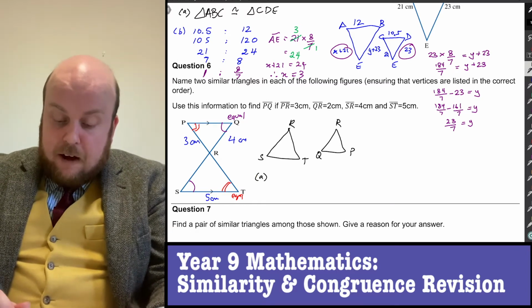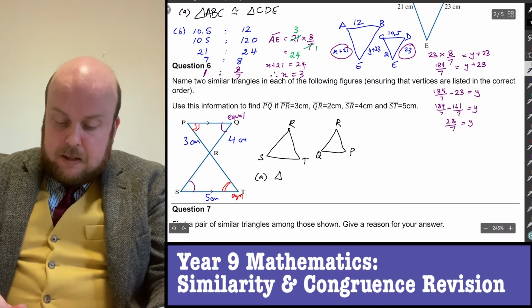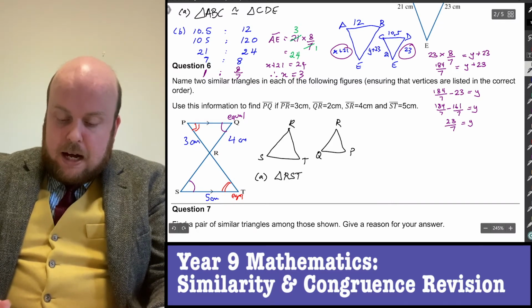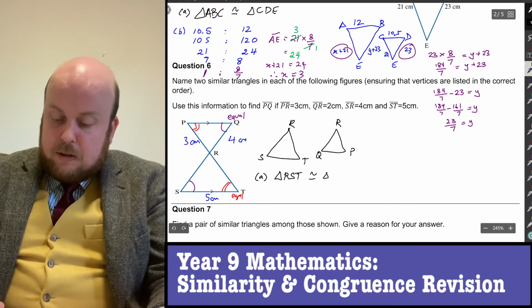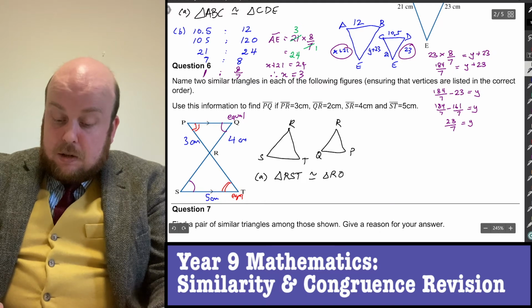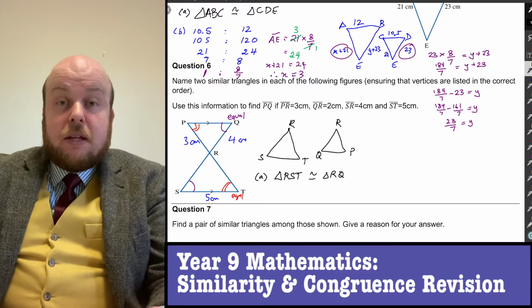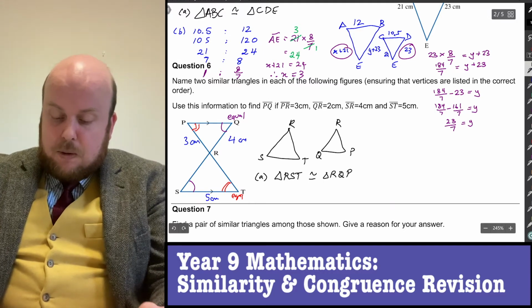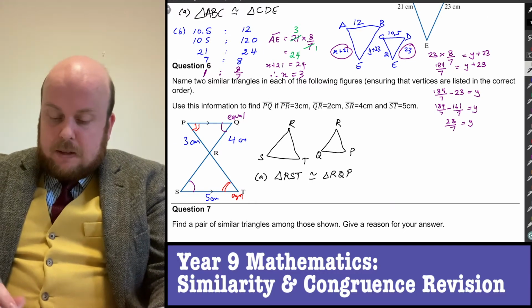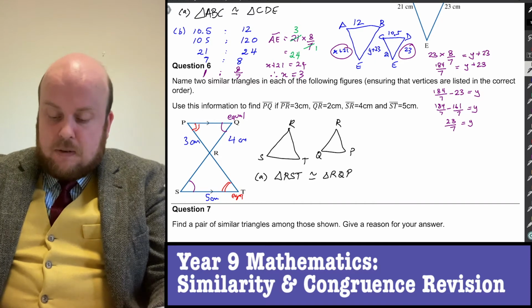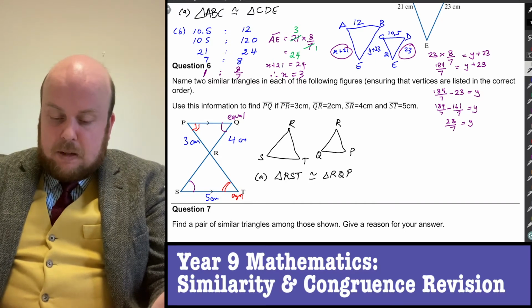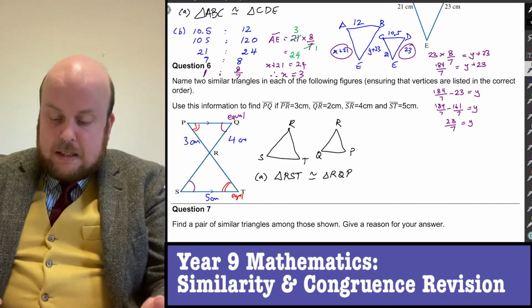I'd recommend doing alphabetical. So triangle RST is similar to triangle RQP. So there we go, we've got the two triangles lined up. That's the similar ones there, so we know which ones are the same.